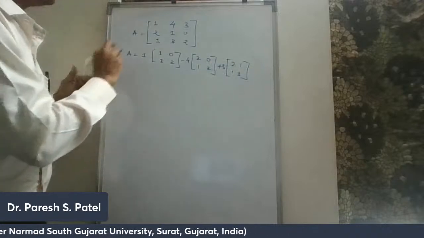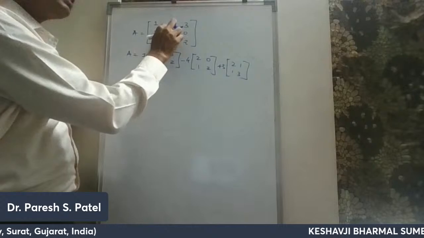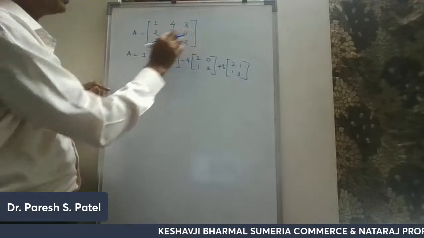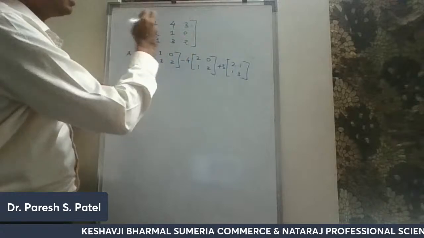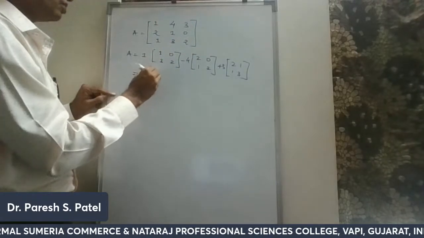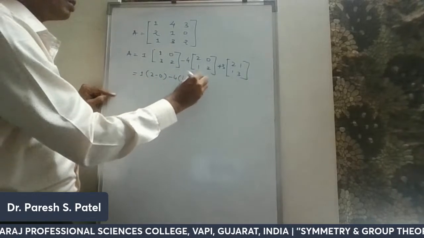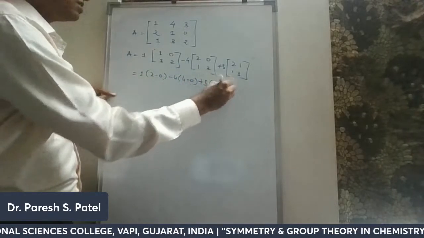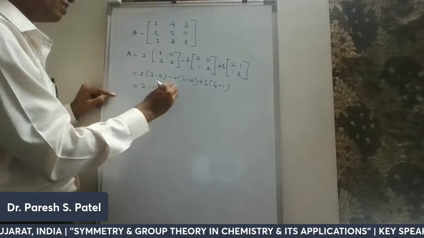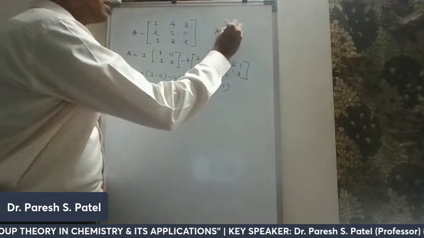Minus second element of the first row, minus 4, remainings are 2 0, 1 2. Plus 3, remainings are 2 1, 1 3. Is equal to 1 times (2 minus 0), minus 4 times (4 minus 0), plus 3 times (6 minus 1) is equal to 2 minus 16 plus 15 is equal to 1. So the determinant for this three-dimensional matrix is equal to 1.